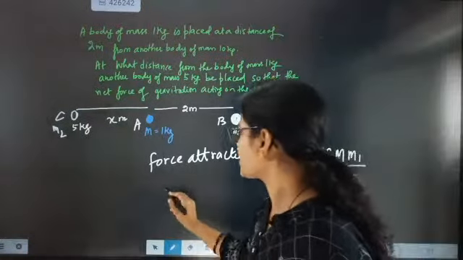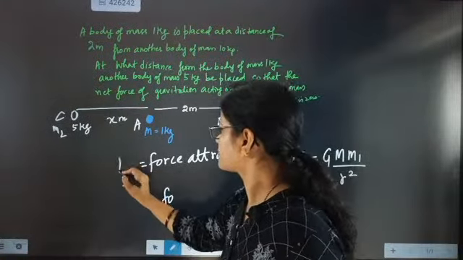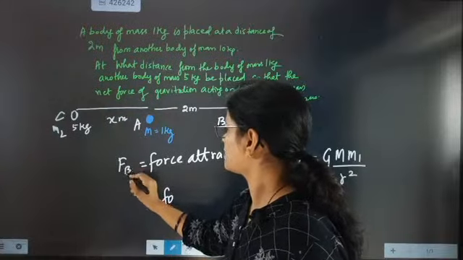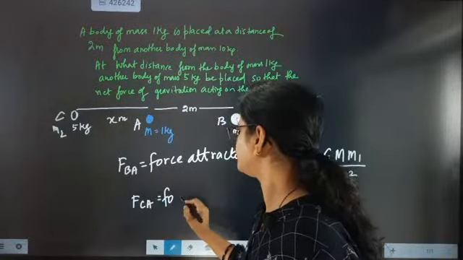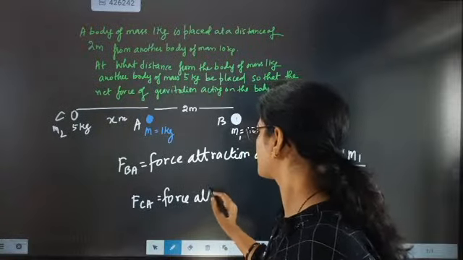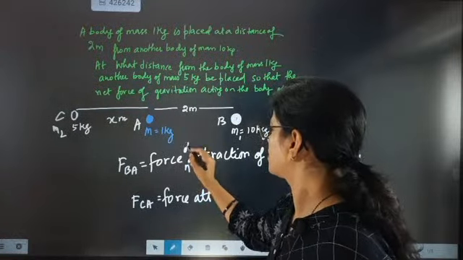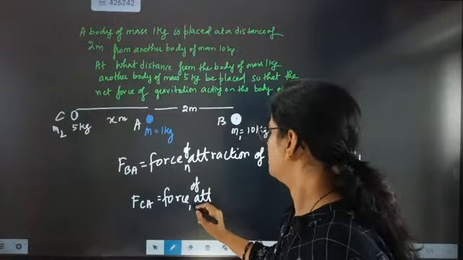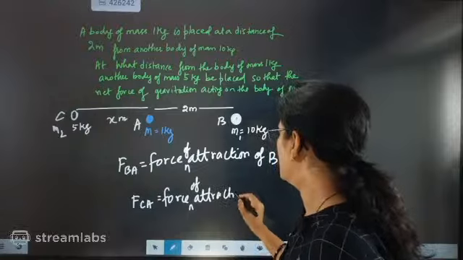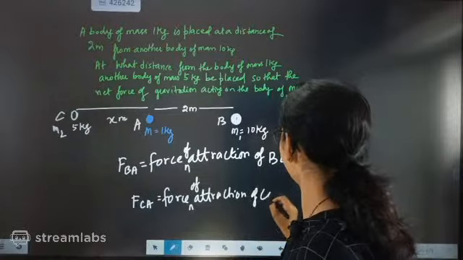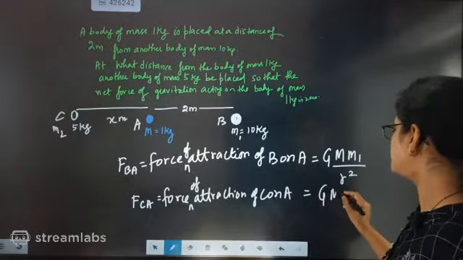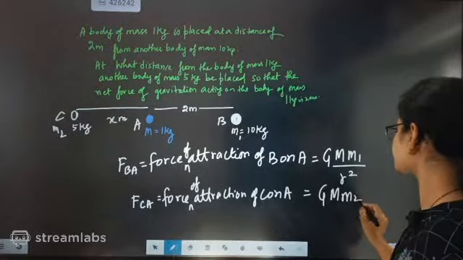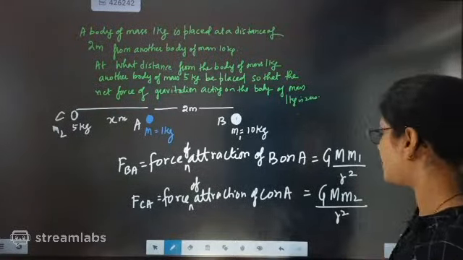Now the force of attraction of C on A is equal to G M m2 by r square.